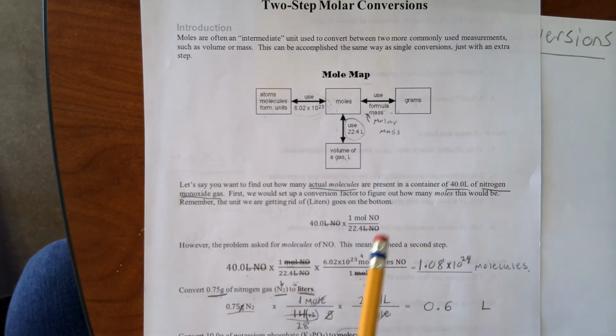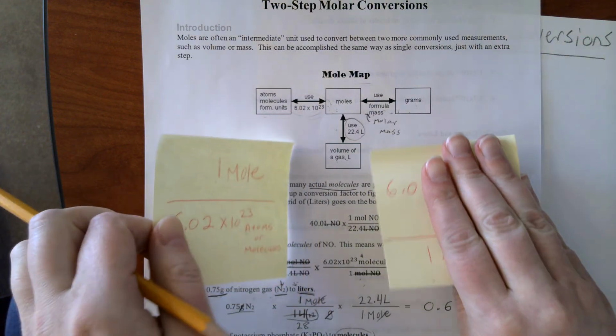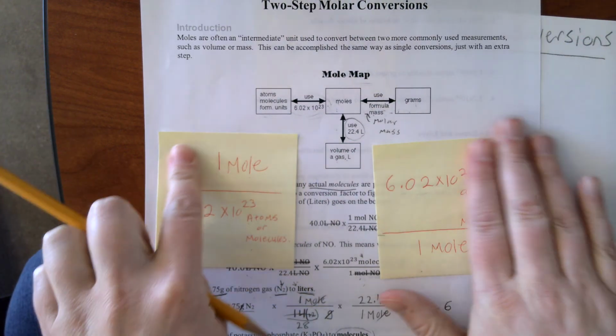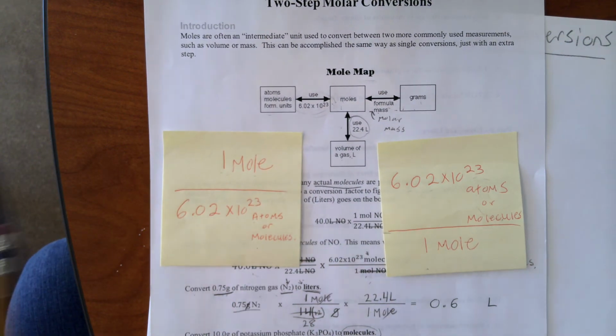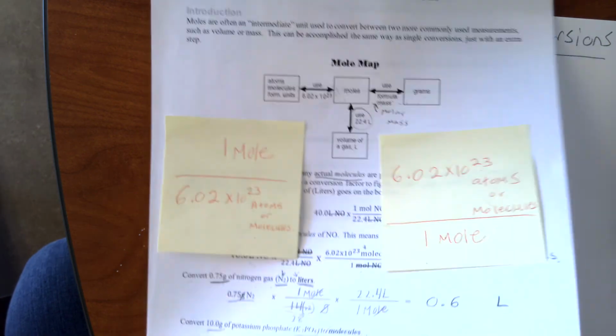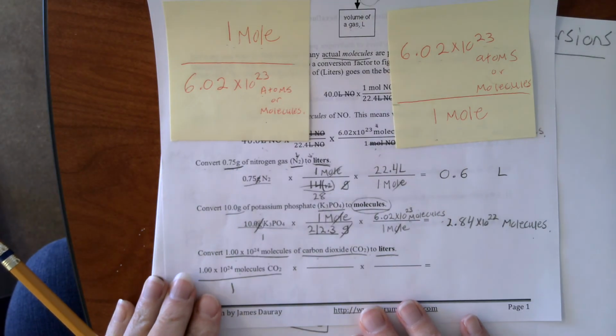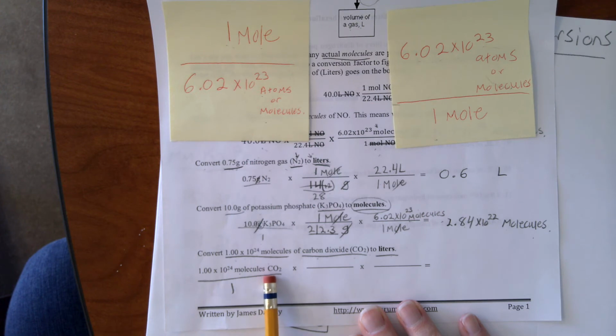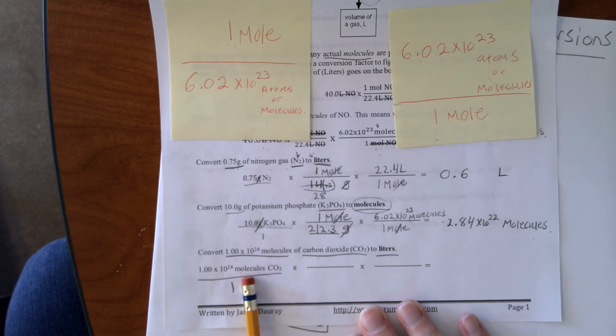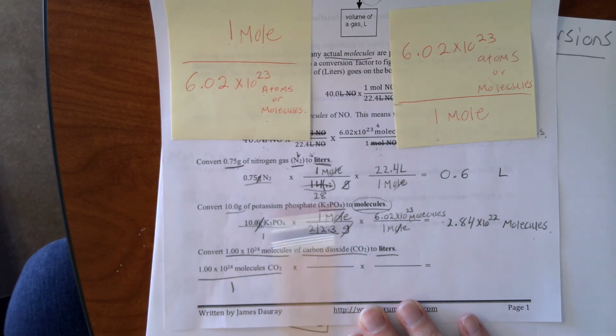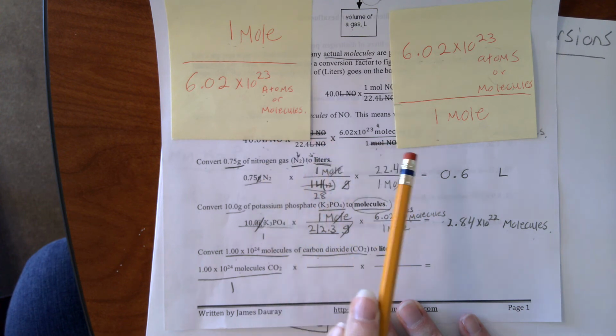Our first one can be written in one of two ways. If we look at our problem, molecules is on top. So in order to get rid of it, which one of these are we going to be using?